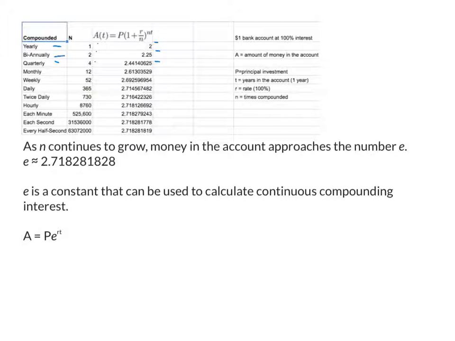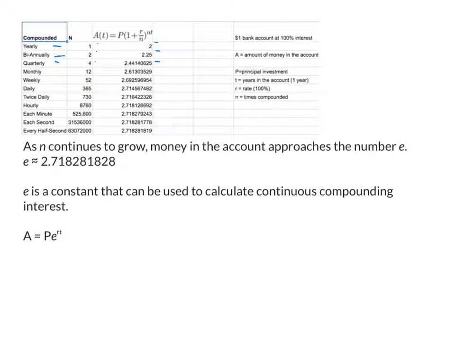But I went out even further. I went out to every half second, which means we would compound 63,072,000 times per year. And we make $2.71828119 essentially on this investment.